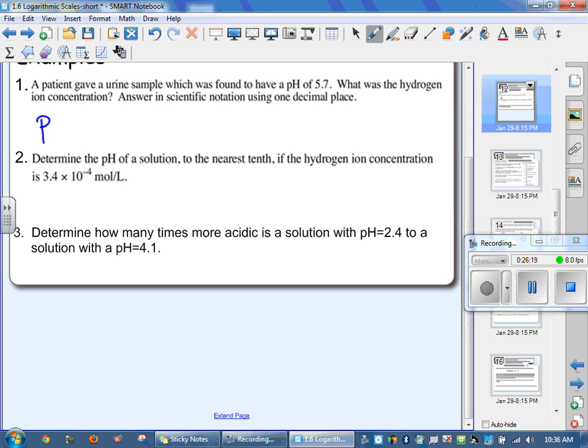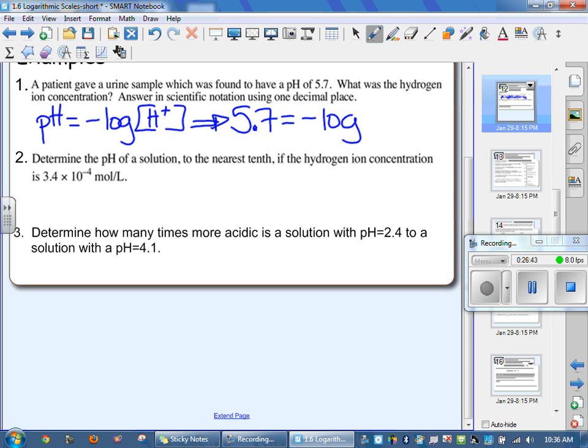So we plug in the numbers we have. The number we have is our pH. We don't know the hydrogen ions; we're going to figure that out. So this is going to look like this: 5.7 equals negative log of the hydrogen ions. The first thing you have to do is divide out that negative 1 in front of the log, to both sides.